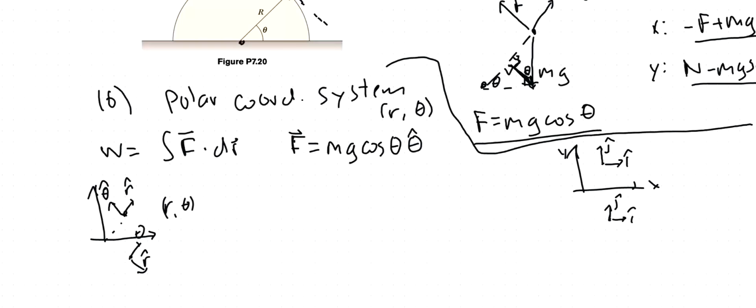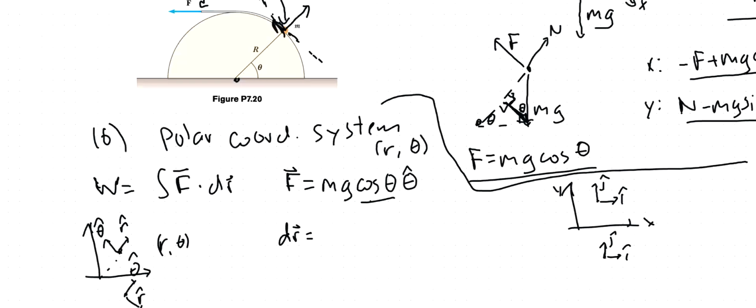Okay, so it's a little bit more complicated to use such a coordinate system, it sounds like, but your integral is much easier because your integral depends on theta. So F is mg cosine theta in the theta unit vector. What is your dr? Your dr is also an arc length, and it also points in the theta direction, which will make the overall problem easy. So your dr is always at a radius.